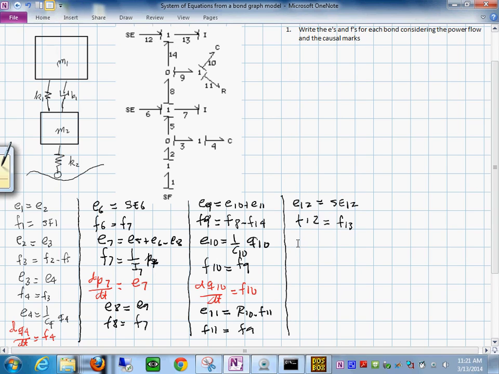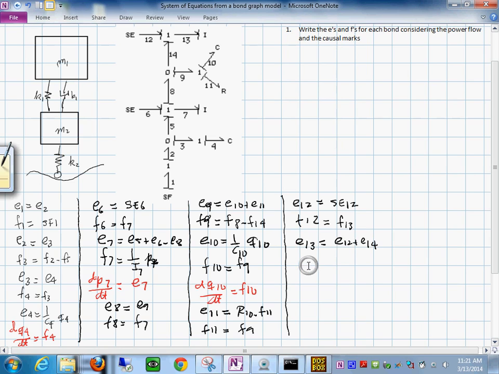And then F12 is equal to F13 here, and then we will have E sub 13 is equal to E12 plus E14 like this.